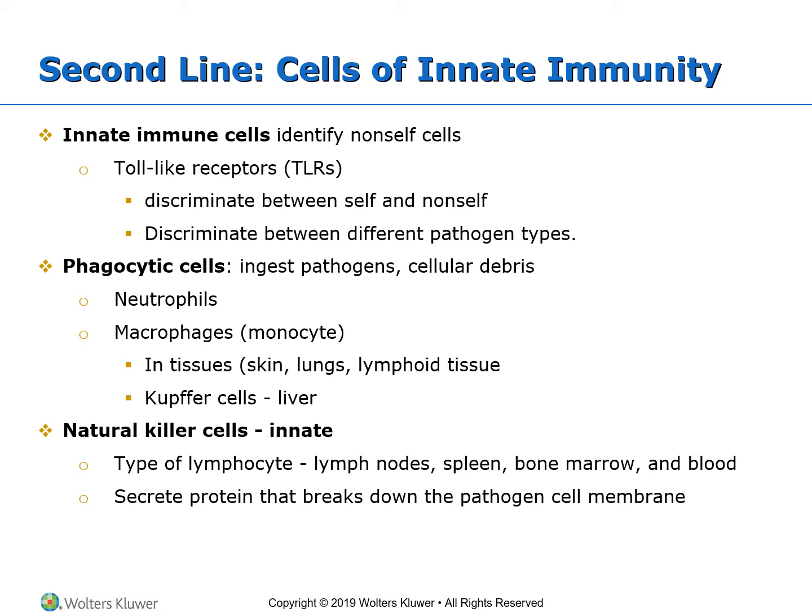If you remember, the macrophage is developed from a monocyte that migrates inside peripheral tissues outside the blood vessels. There are also, in some of our organs, a specific type of macrophage called Kupffer cells, and they are present in the liver.